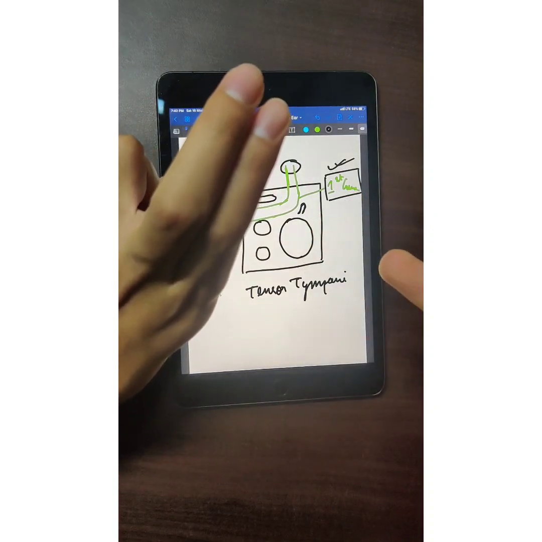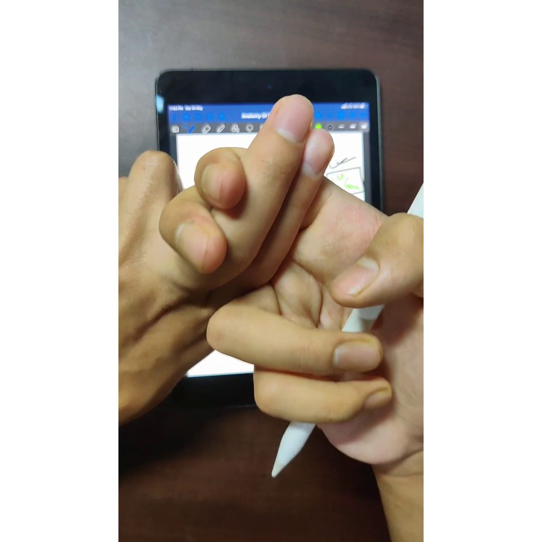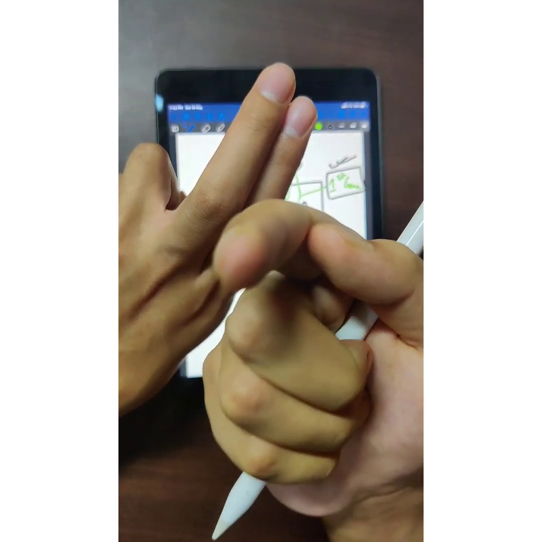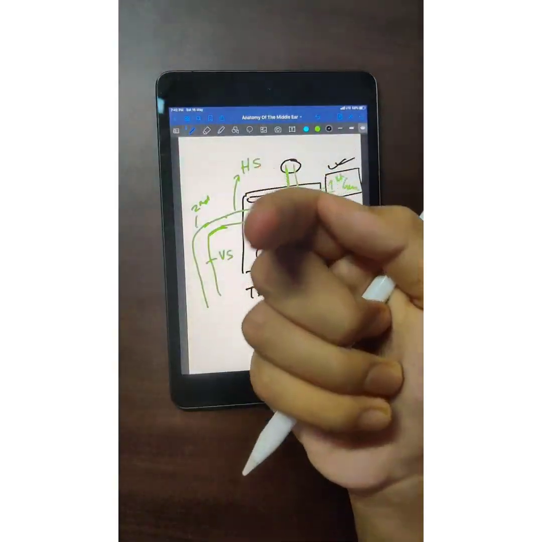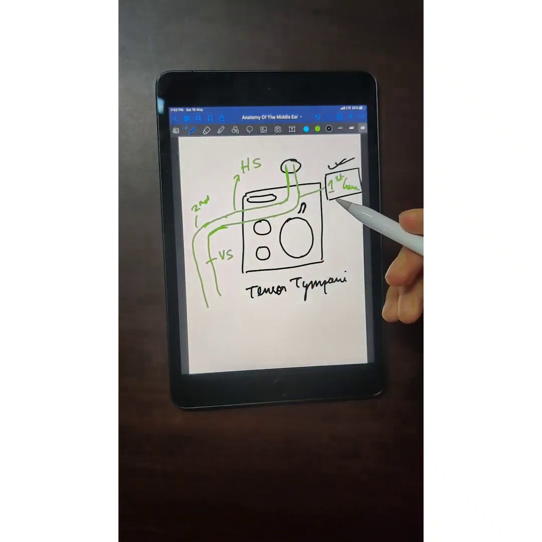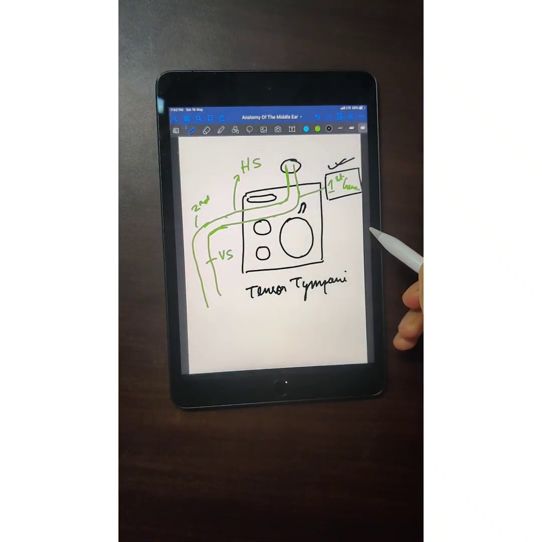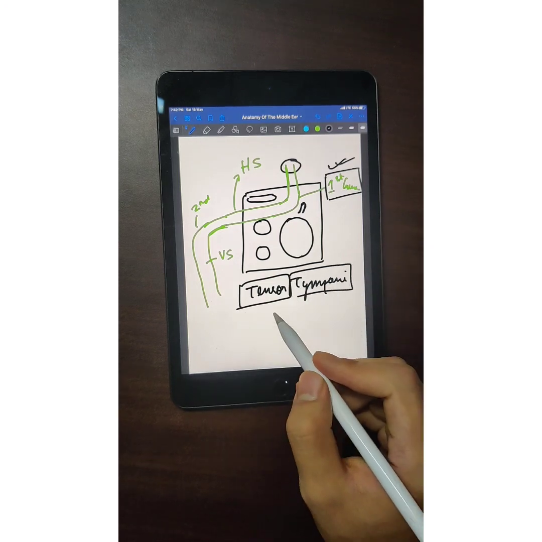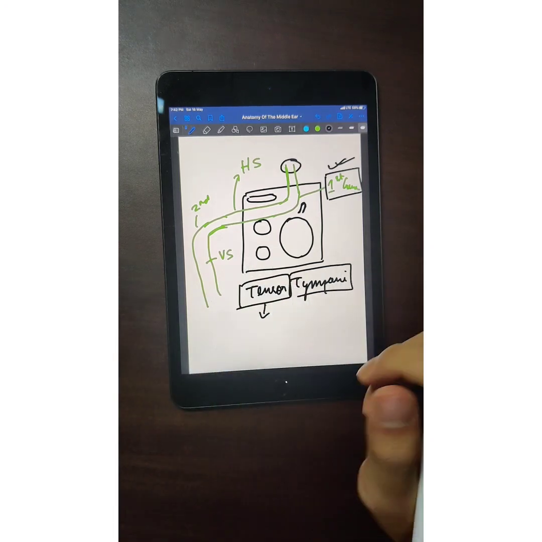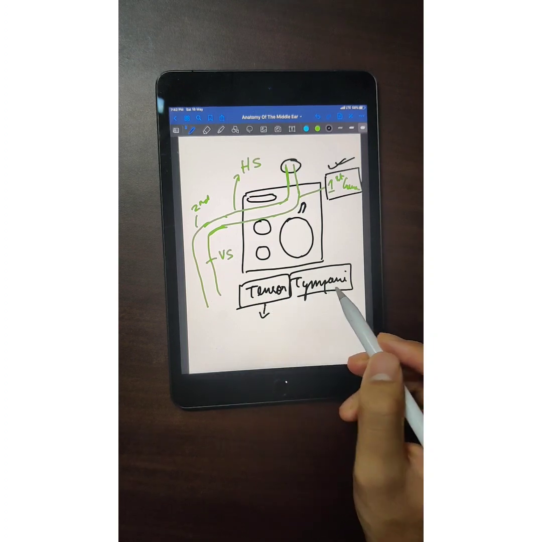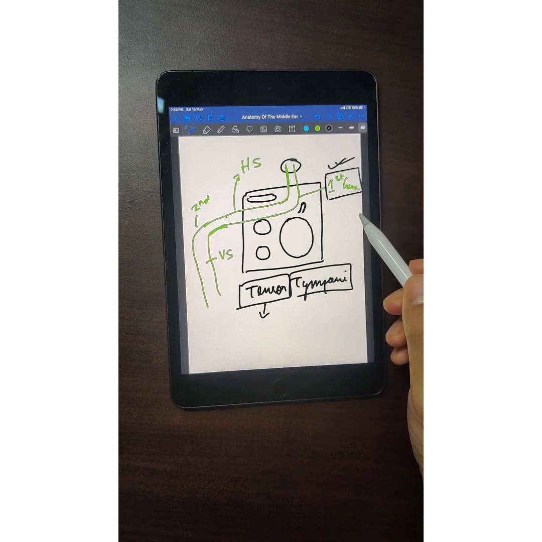The tensor tympani hooks onto it like this and turns towards the anterior side, and there it goes and attaches to the malleus. As the name suggests, the tensor tympani helps in tensioning the tympanic membrane because of this pulling structure. So that is one of the functions of the processus cochleariformis.